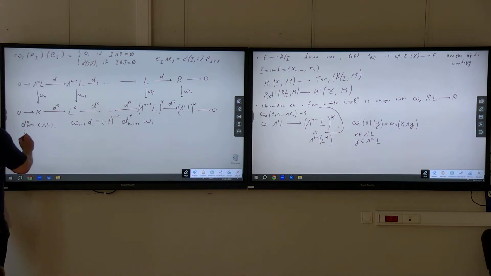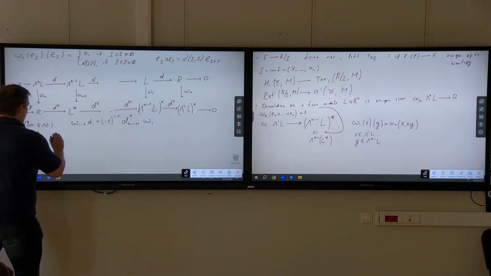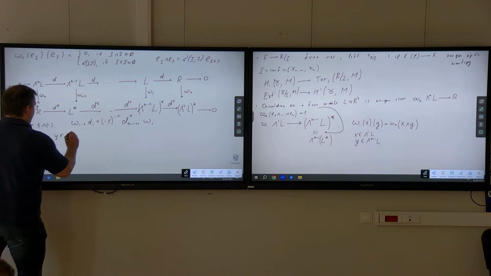Well, you can think about this just as, it was a form on the module, right? So you can think about this as just an element in the dual module, right? And here you just state you have some y that lives in the omega i dual, right?